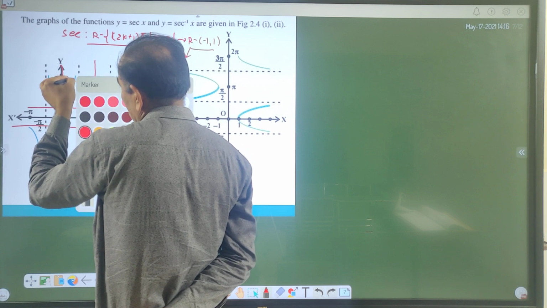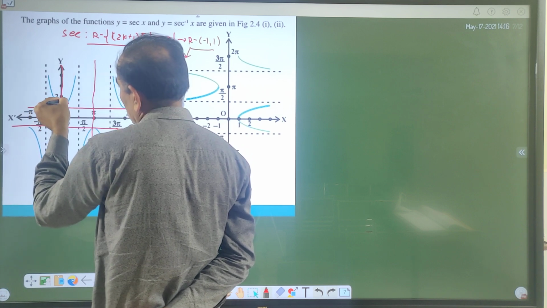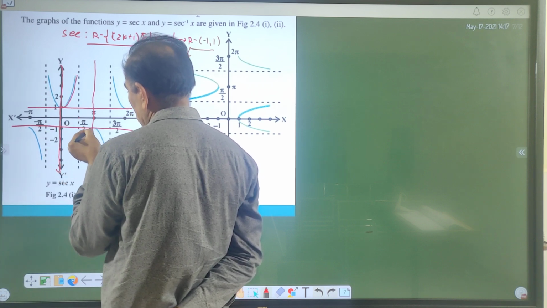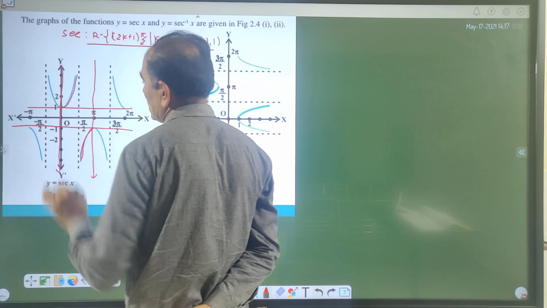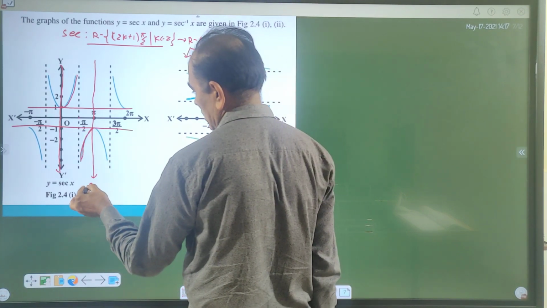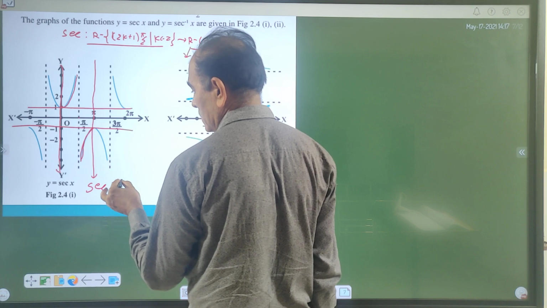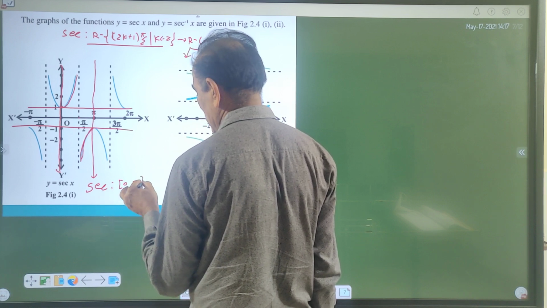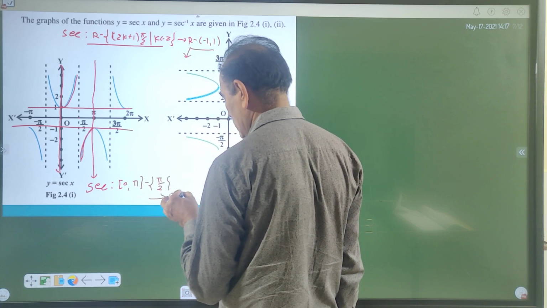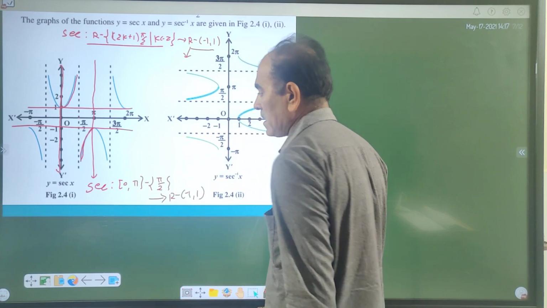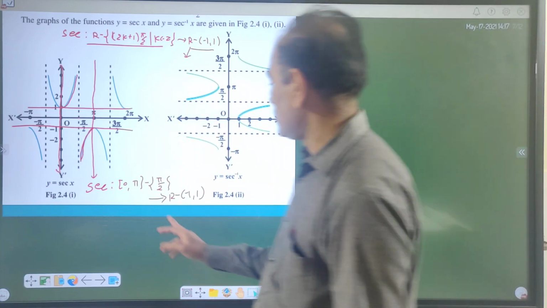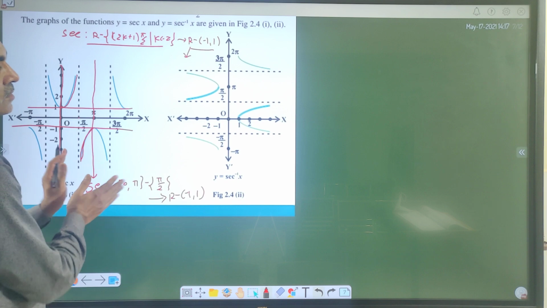But if you see this part, up to this part, as well as for this part, it is 1-1 and onto, except pi by 2. So if we define sec from the closed interval 0 to pi except pi by 2, to R minus the open interval minus 1 to 1, then this function is 1-1 and onto.